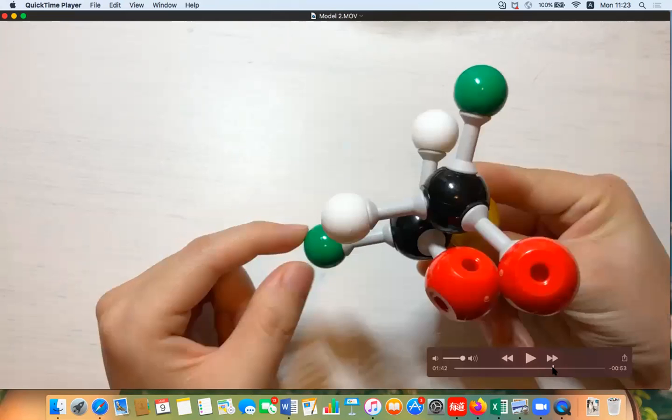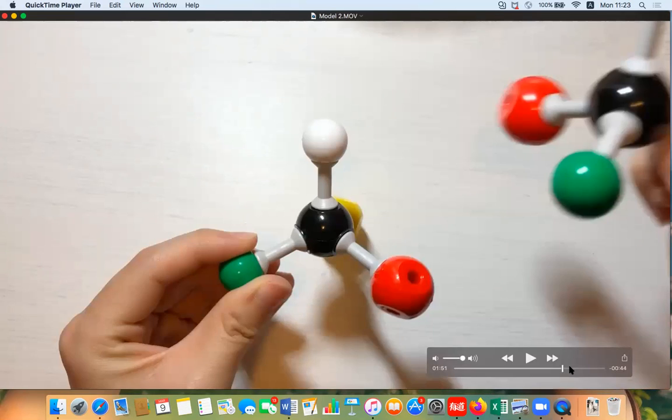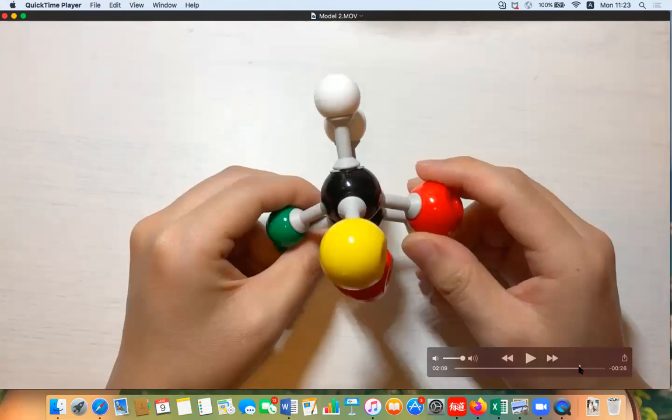Then I tried the second method. In this method, I try to match the positions of the chlorine atoms and hydrogen atoms. If I match the positions of these two types of atoms, you can see the red ones and yellow ones, their positions don't match.